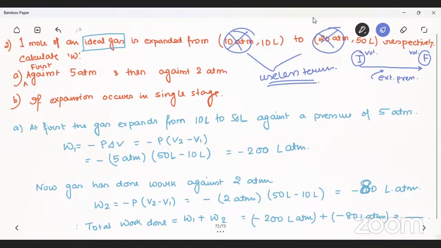For the initial and the final states, we consider the volumes, and pressure is like nothing. Even if they have not given the pressure, we will be solving this question in the same manner. We are more bothered about the external pressure. Is this part clear?